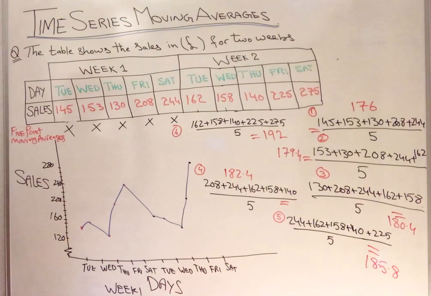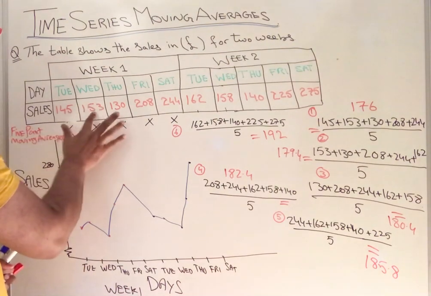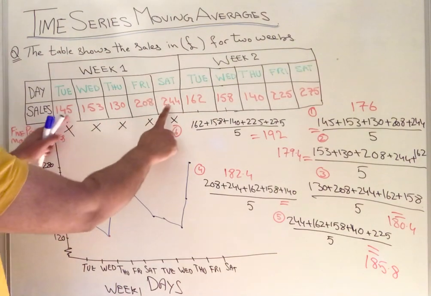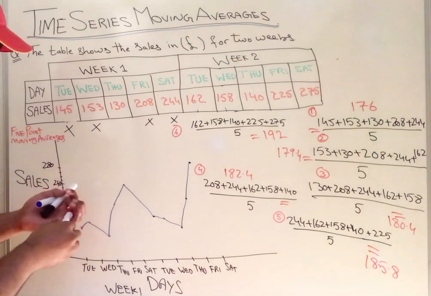Now you can see that when we add 5 values, for example 1, 2, 3, 4, 5, what is the midpoint over there? This is the midpoint. We need to write down the first value here.